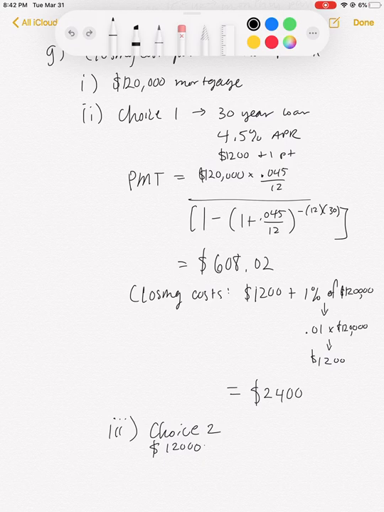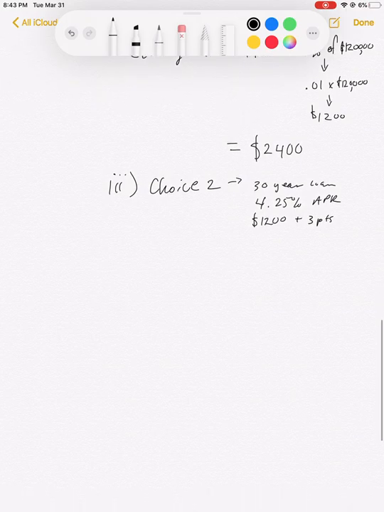Our choice 2 is going to be a 30-year loan at a different rate, so it's a little bit lower because we're going to do more closing costs, 4.25% APR, and we have closing costs of $1,200 plus 3 points. Okay, so the closing costs are going to be a bit higher.